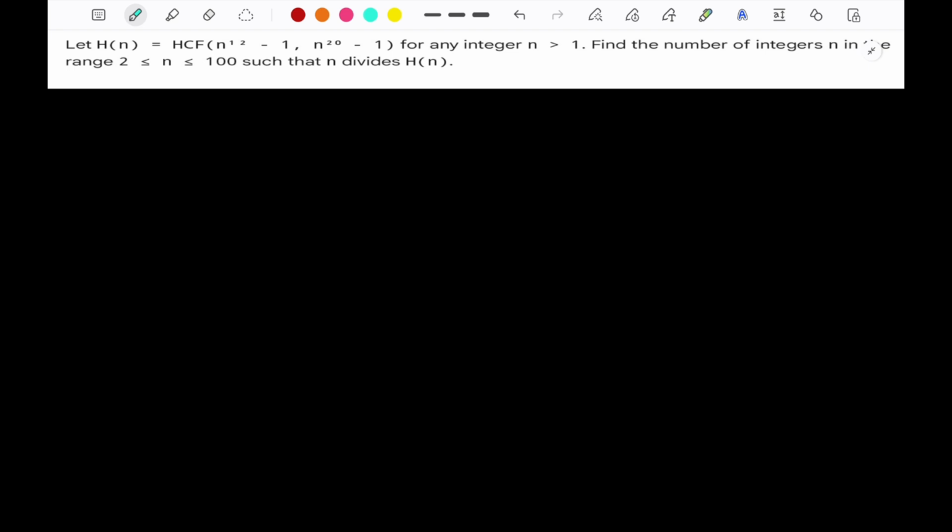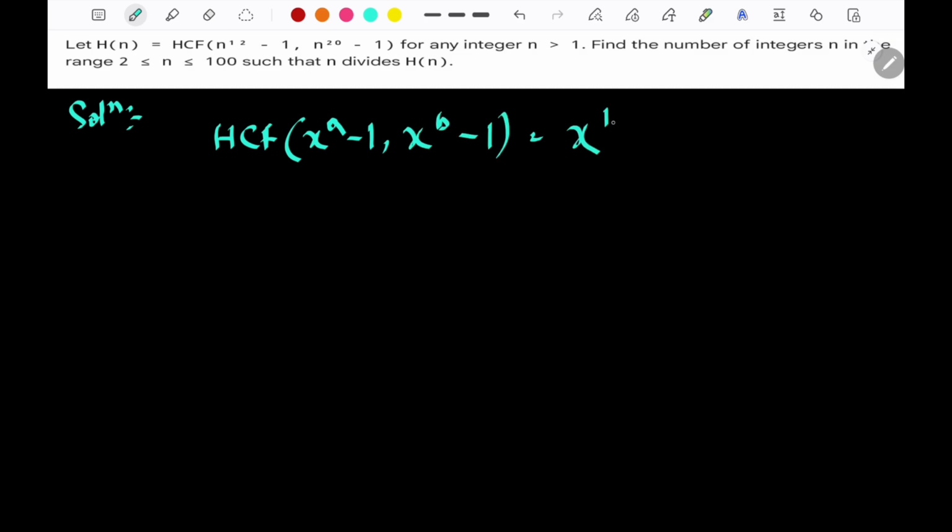So first, how do we approach? Again, the approach will remain the same. What we know: HCF of x to the power a minus 1, x to the power b minus 1 is equal to x to the power HCF of a comma b minus 1. Superb.